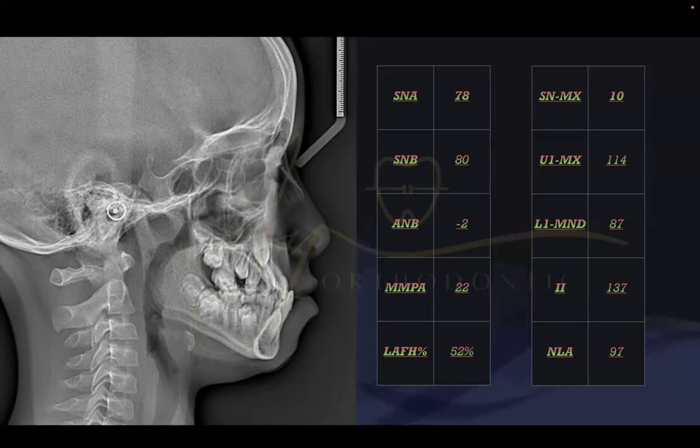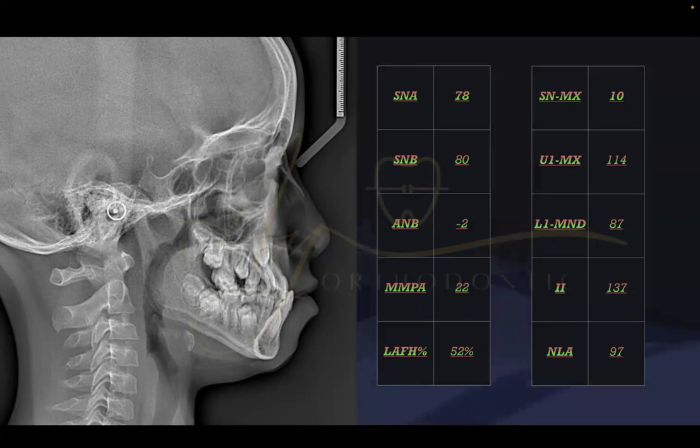And what is the etiology behind the class 3 cases? The etiology can be skeletal, dental, and functional. The skeletal can be due to the discrepancy between the maxillary and mandibular position, and maxillary and mandibular discrepancy in the size also.